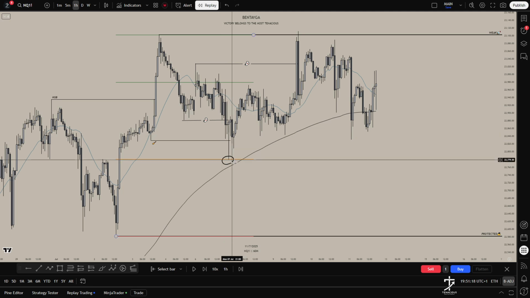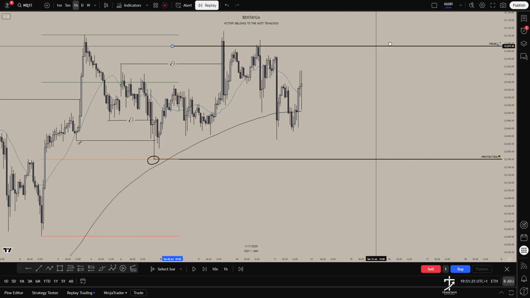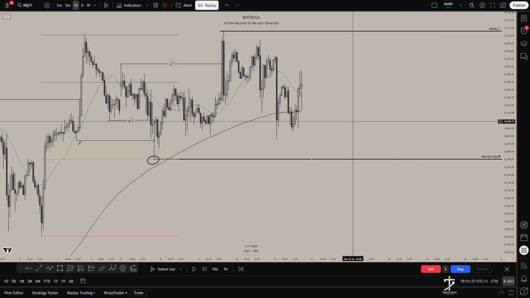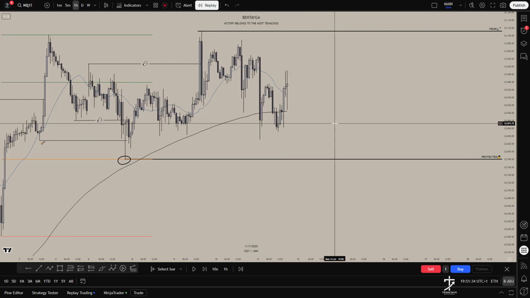So now technically, based off internal structure, this is now my protected low, and this is now my weak high that I would like for price to run. So you could say that we're kind of ranging inside within the structure. However, overall price is still bullish overall.